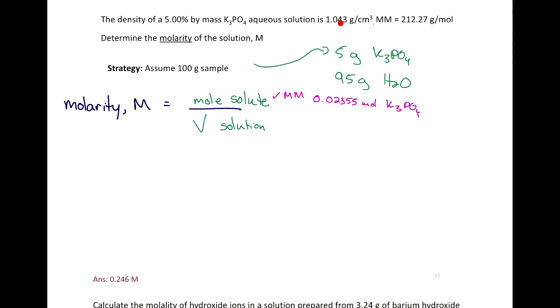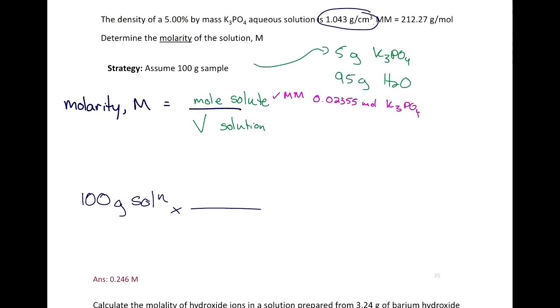It's the density. Now we're going to use density when converting to molarity, and that's what often happens. In order to calculate molarity of a solution, we have to use the density in some way. So we are going to use this density number finally. In order to use density, we need the mass of the solution, so if we have 100 grams of solution, we can use this density value.